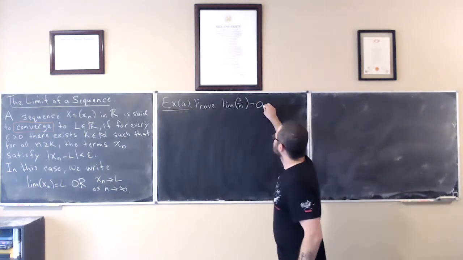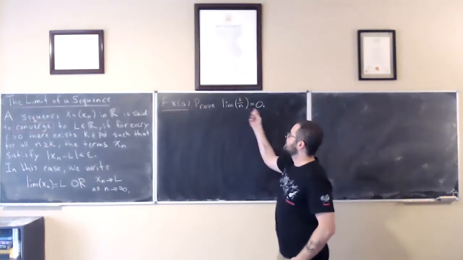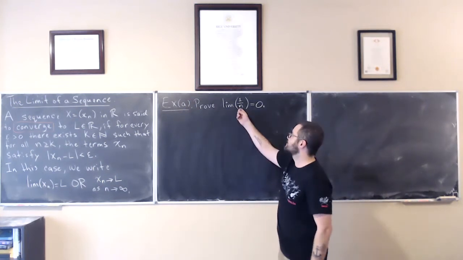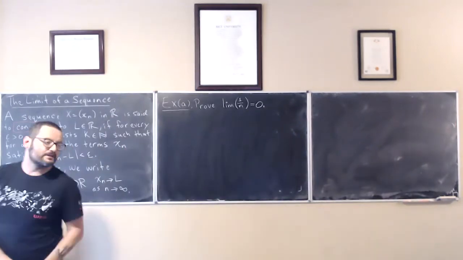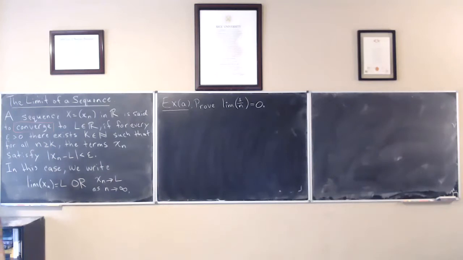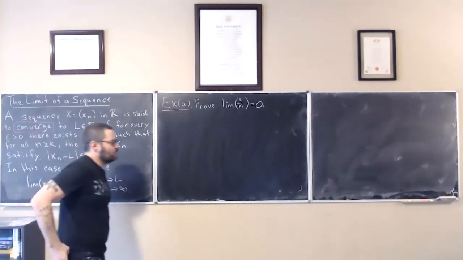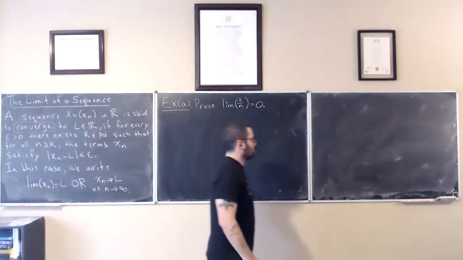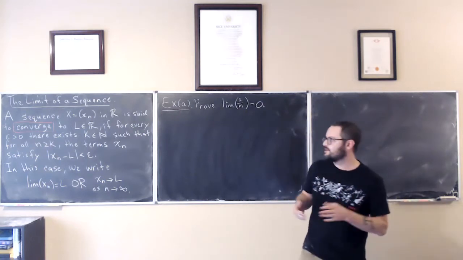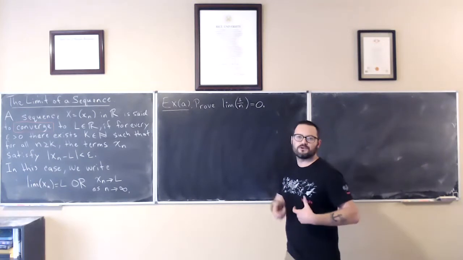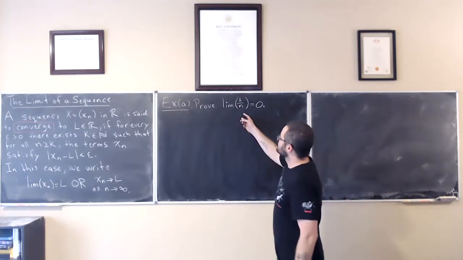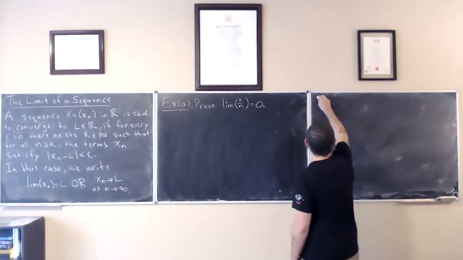So in order to prove this, we need to show that this sequence and that limit satisfy this definition, right? So when I was a student, I would typically have another sheet of paper next to me to write down what I want, right? So in order to prove that, what do we want?